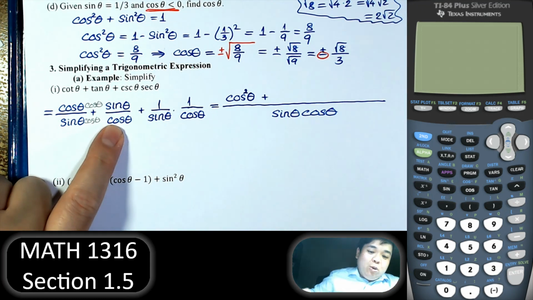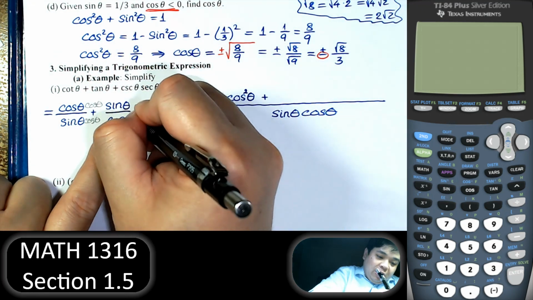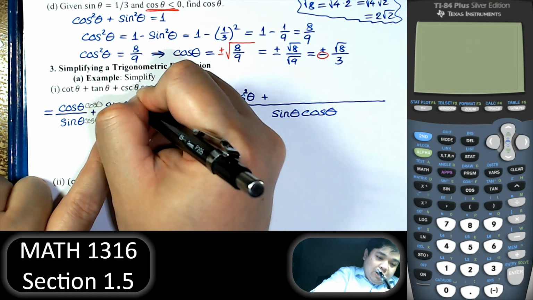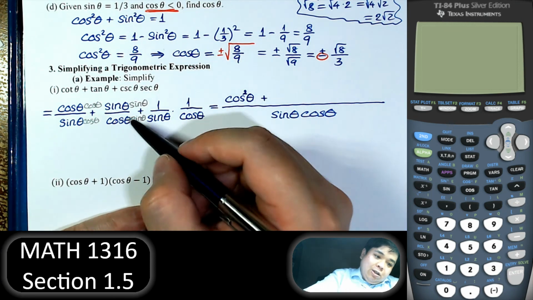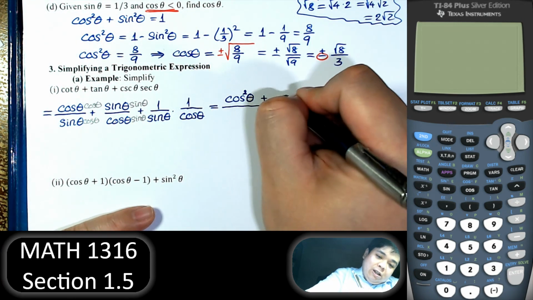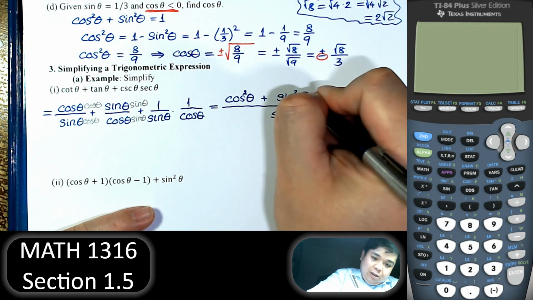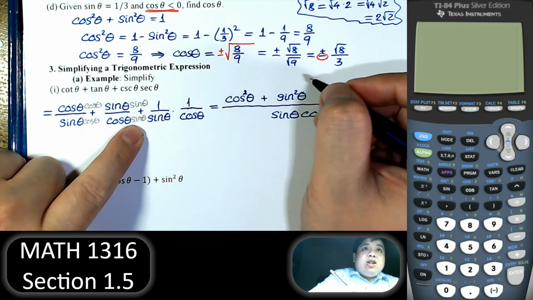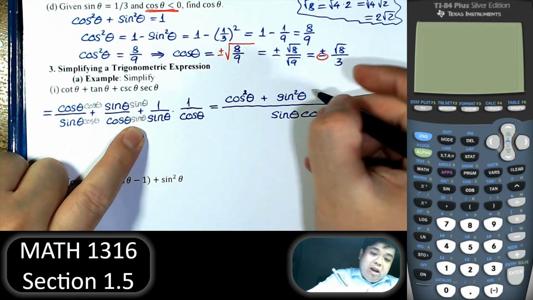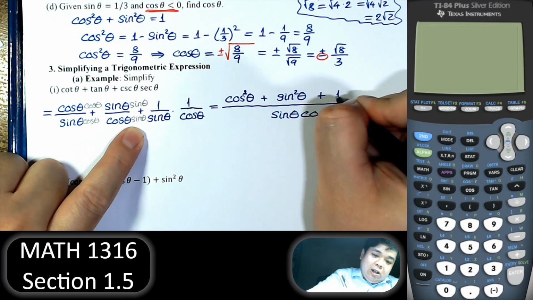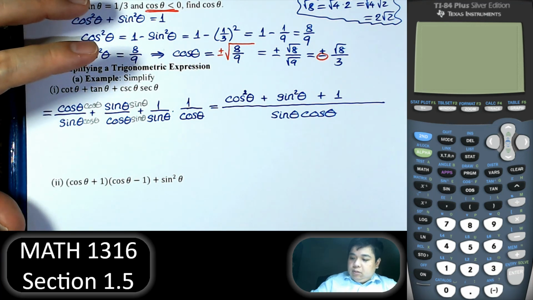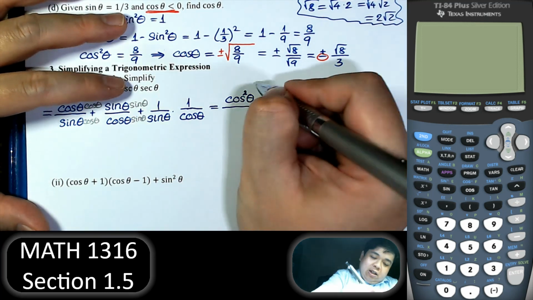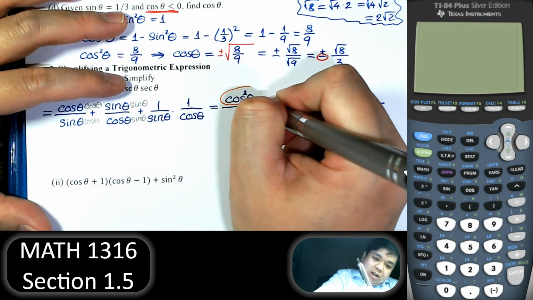Next, already have cosine, we need another sine. So that gives us sine square. Cosine, sine at the bottom, common denominator. And then cosine square plus sine square together is 1.